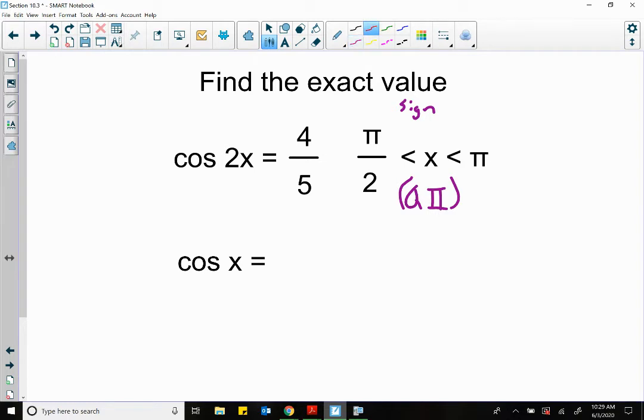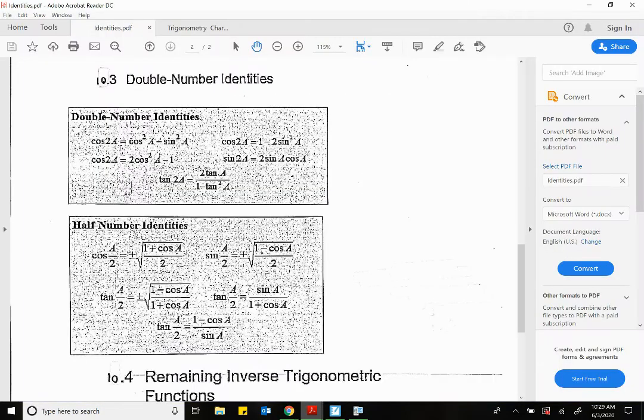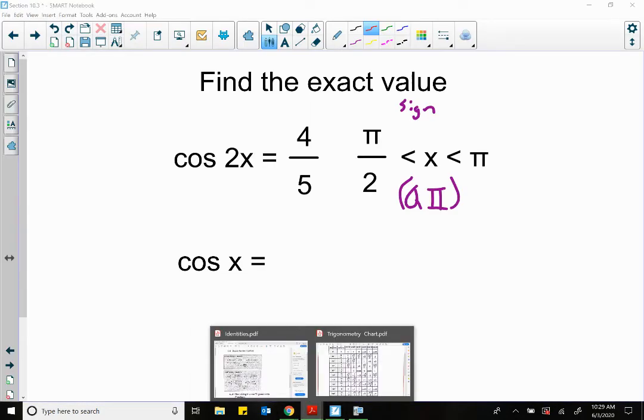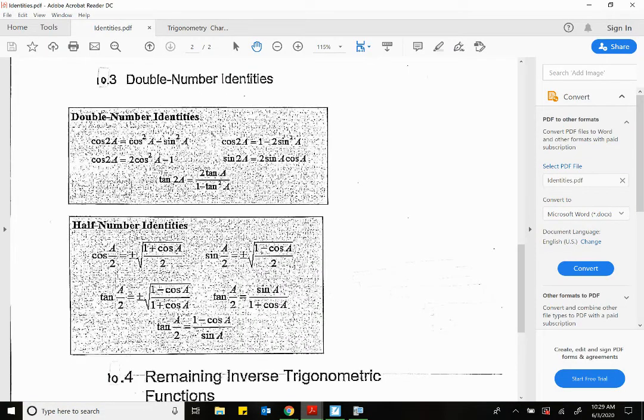Now, let's start figuring this out. Think about your formulas you have. Okay? I believe it's a double angle. Yeah. And see if there's a formula up here that can help you figure out what cosine is. Hopefully you found it. It's this one right here.